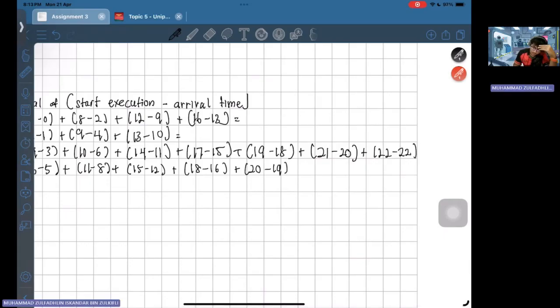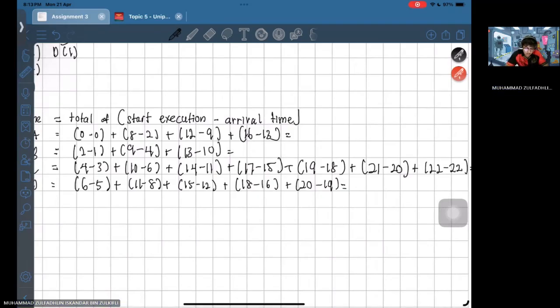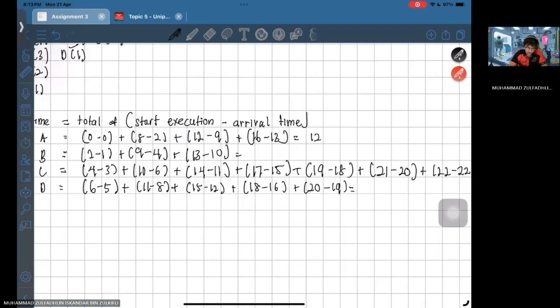So we have to sum up all the process waiting times. So for A, the total waiting time is 12. So for B, the total waiting time is 9.